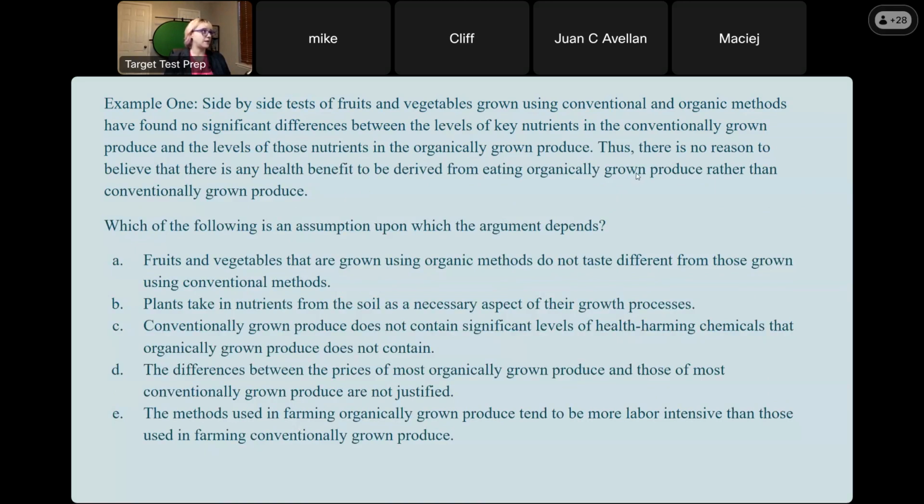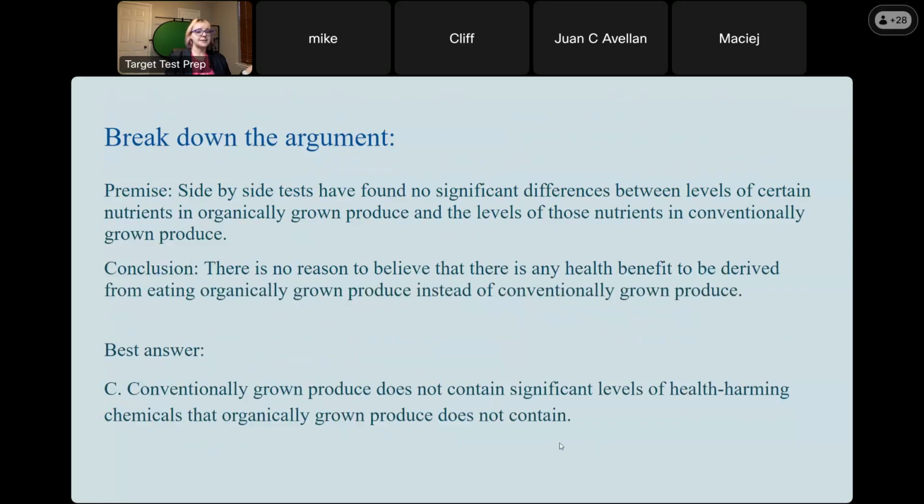We're specifically concerned with health benefits. Nutrients from the soil, not really the part of the plant life that we're worried about. Prices, that is not what we're talking about here. We're talking only about health benefits, and then methods of farming. That's way before we get to this point. So, did anyone not see C as a good answer? Did you have any questions on that?